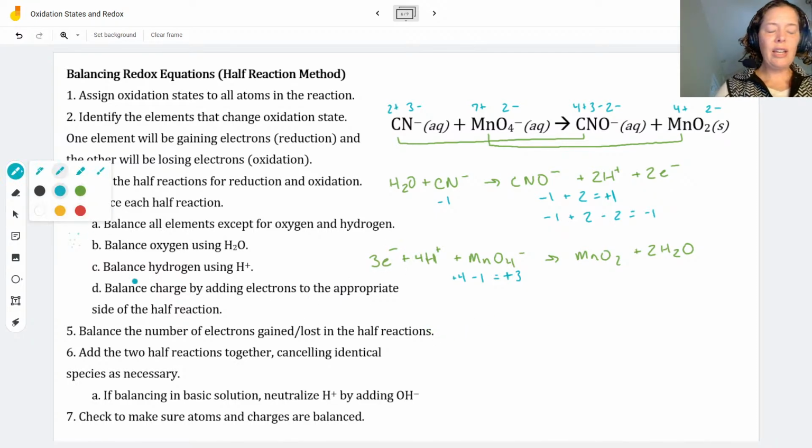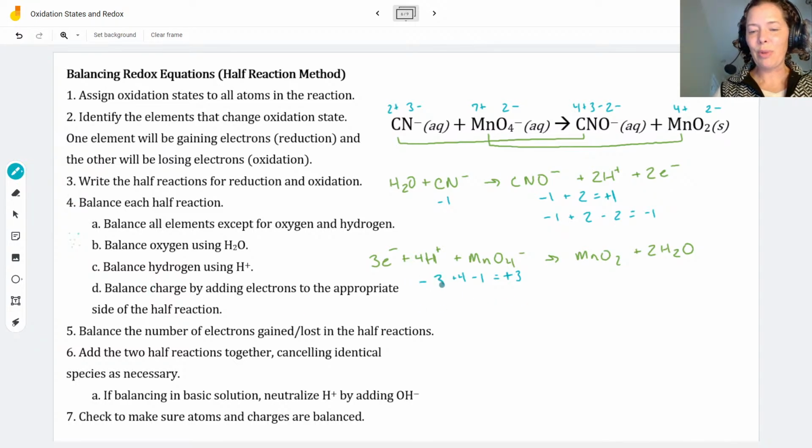And then that changes my side calculation because then I have a -3 here. +4 -1 gives me 0. So cross that out. This now equals 0, and I've got 0 charge over here, so that's also 0.